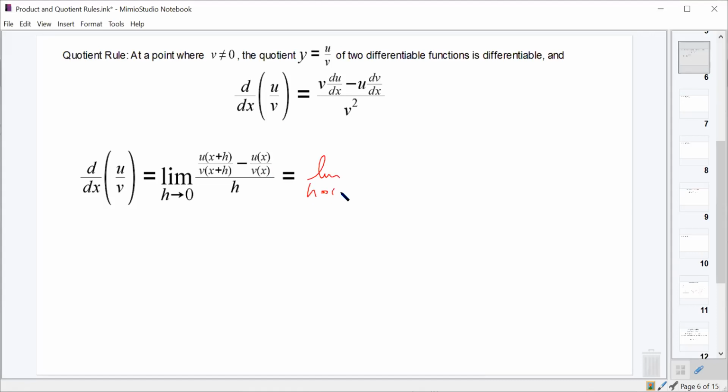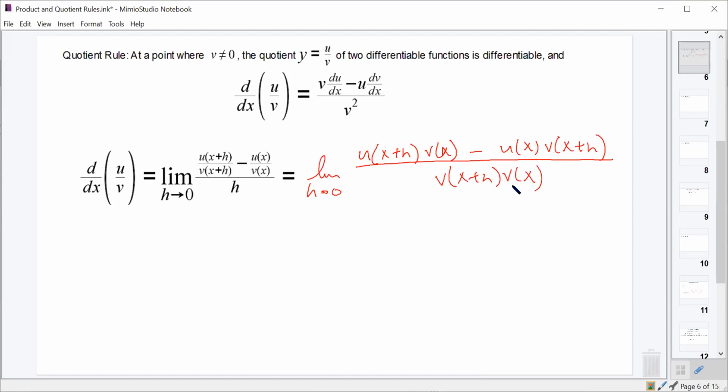So this is going to become a limit as h approaches 0 of u of x plus h times v of x minus u of x times v of x plus h, all over v of x plus h times v of x. Good or no? Yes. All right. So any thoughts on what we want to add and subtract into here?